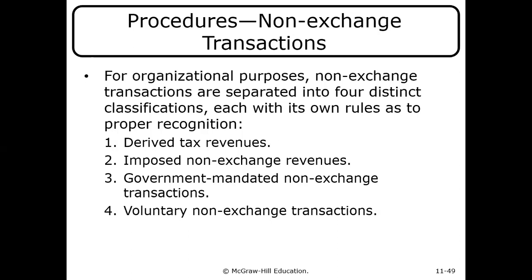Example, a state might grant a city $1.3 million to help improve reading programs in local schools. Unless the state had mandated an enhancement in these programs, this grant is accounted for as voluntary. So if it's mandated, now you're looking at government-mandated non-exchange. So anytime the government is receiving revenues, it could be put into one of these 4 categories.